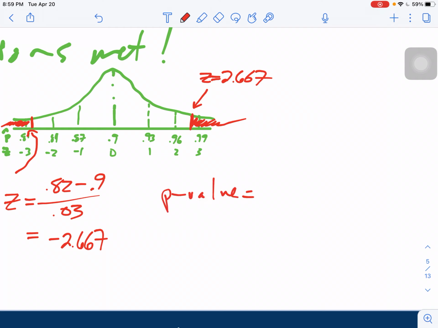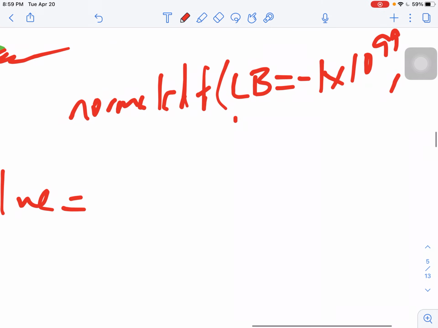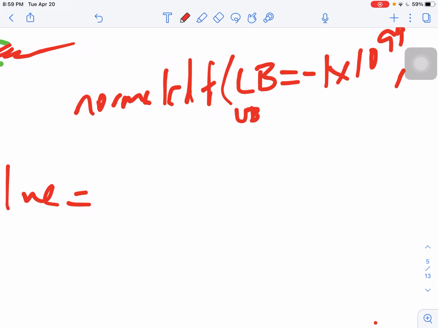Okay, the next thing I'm going to do then is calculate my p-value. That's the whole purpose of doing the hypothesis test. So I'm going to first start by just finding my left tail. So I'm going to do my normal CDF. My lower bound is -1 times 10 to the 99th. My upper bound is going to be that 0.82.